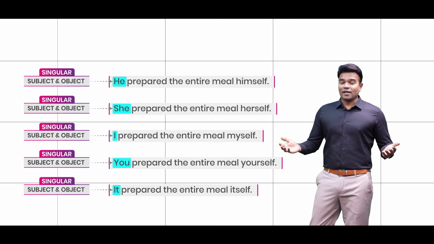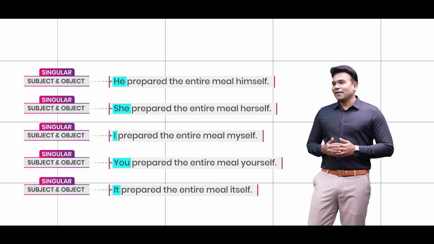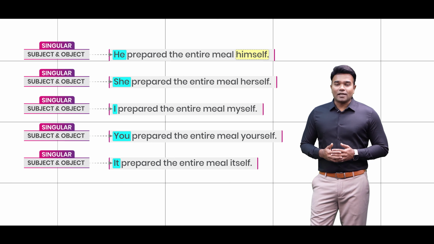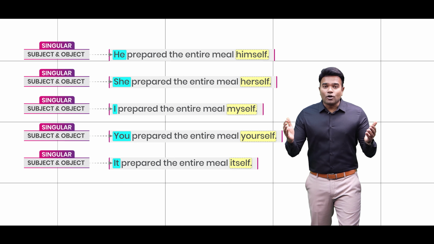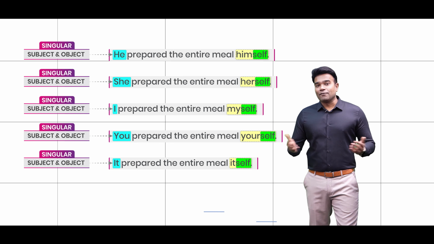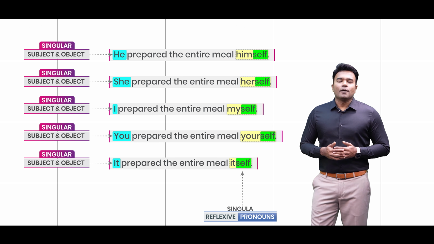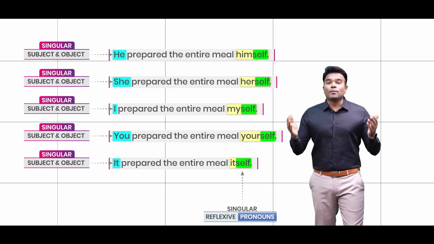And since the subject and the object happen to be singular in nature, the corresponding reflexive pronoun is also singular. What I mean to say is that the words himself, herself, myself, yourself, itself, all of these end with the word self and hence are categorized as reflexive pronouns, but they are all singular reflexive pronouns because the corresponding subject and the objects happen to be singular.